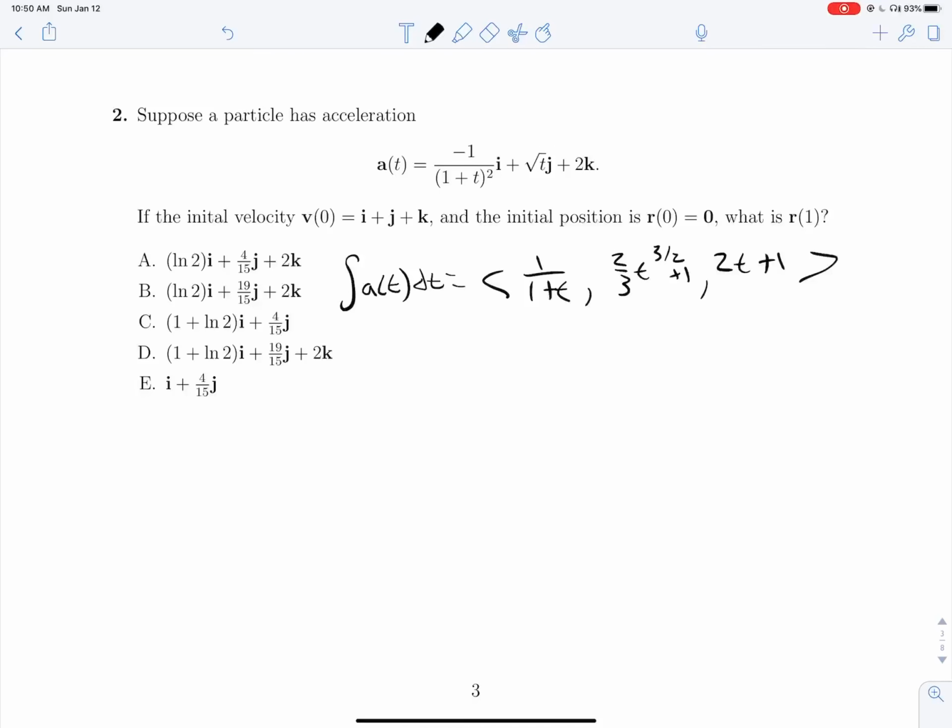Now all we need to do is integrate v of t dt, and we will get ln of t plus 1, 4/15 t to the 5/2 plus t, and t squared plus t. All we have to do now is make sure that this works out for r of 0 equals 0.